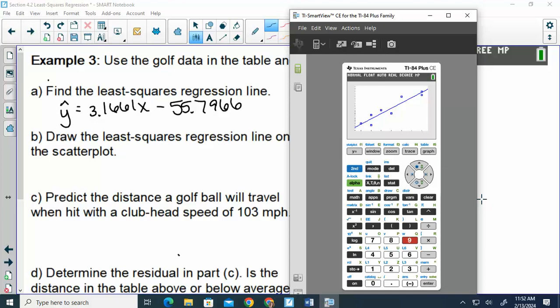It's not perfect because that data wasn't perfect. There is no exact line, but this is the best one. Did we get that?